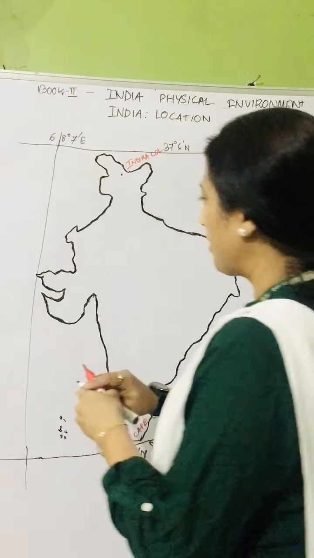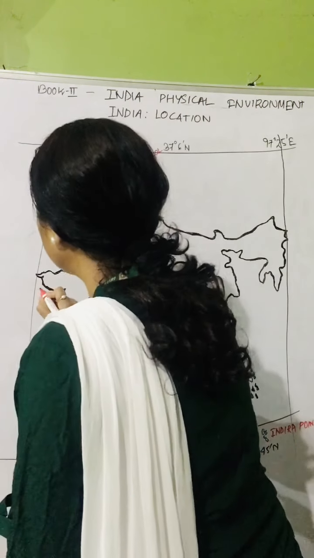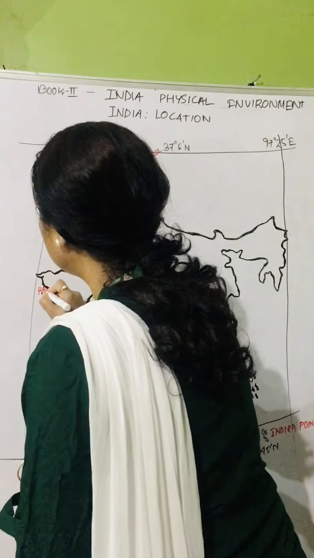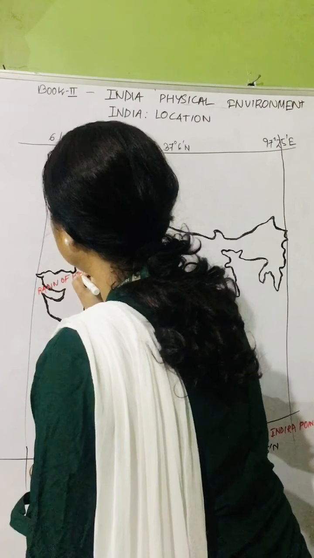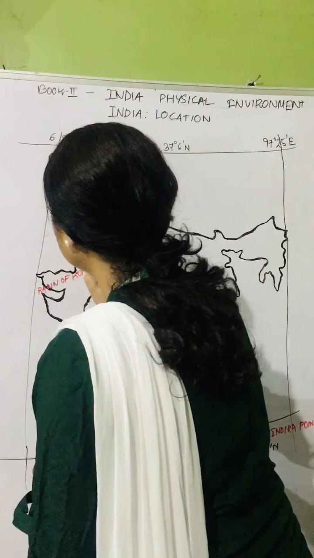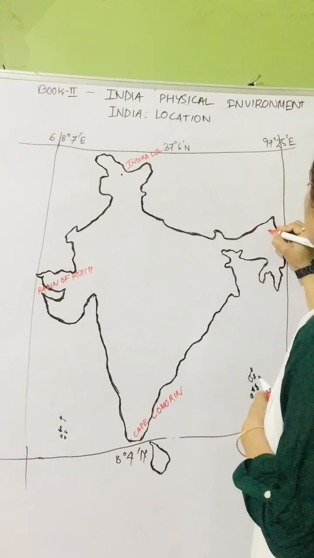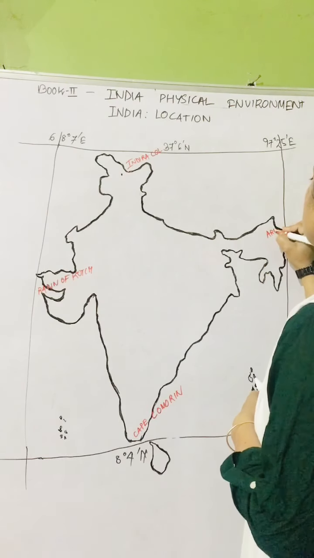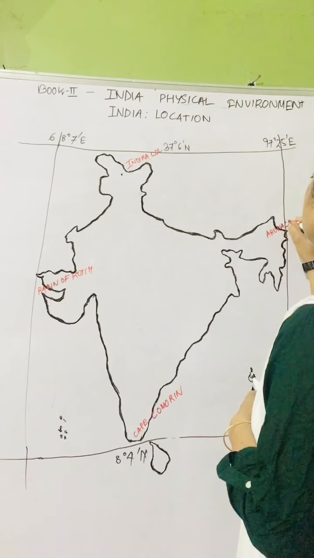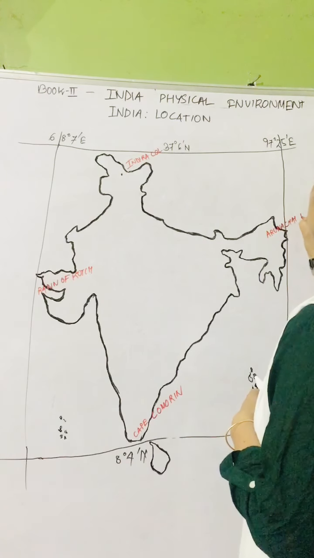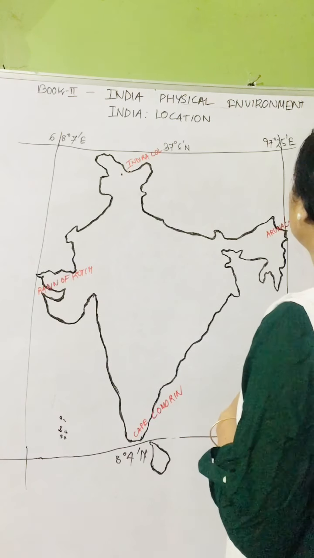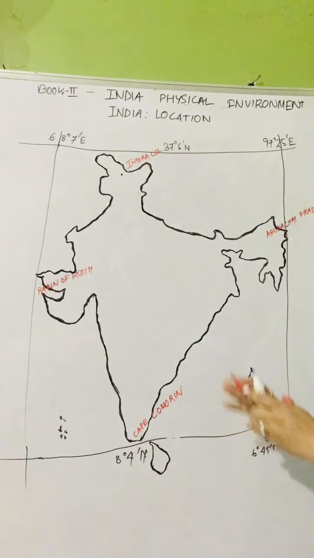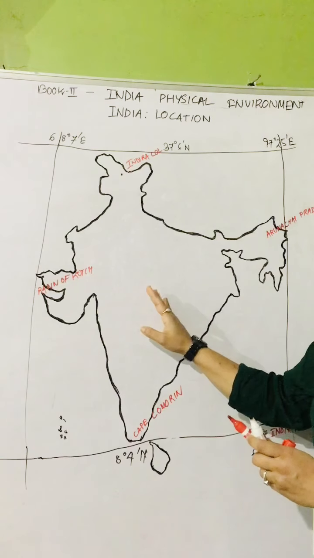The westernmost part, here we have Rann of Kutch, and in the easternmost we find Arunachal Pradesh. So this is the latitudinal and longitudinal extent of our country.